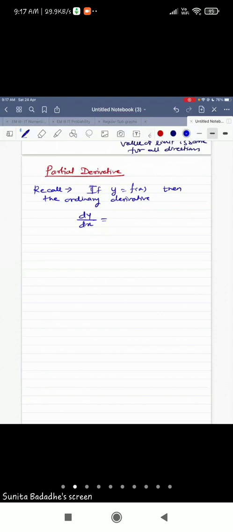Now, can anybody tell me how to define dy by dx? In terms of limit, what is the definition of dy by dx? Does anybody remember? You know that the derivative is change in y upon change in x, right? So change in x we write as (x plus h) minus x.